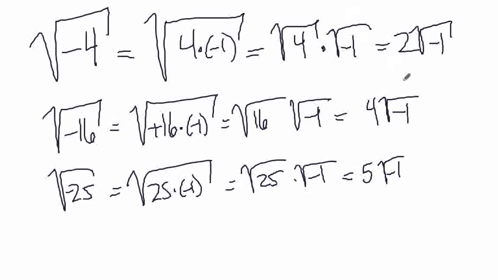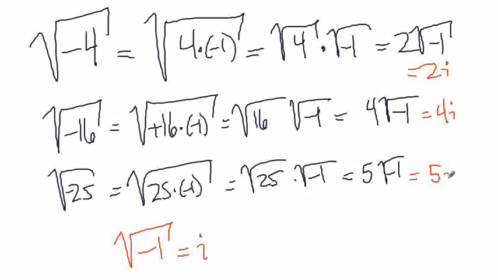For that reason, we're going to call the square root of -1 i, lowercase i. So the first result, I can call 2i. The second result, I can call 4i. The last result, I can call 5i. Every time you see the i, know that it's just an abbreviation for the square root of -1.